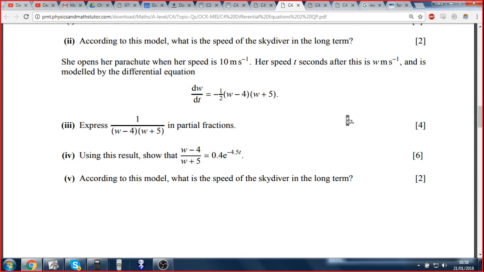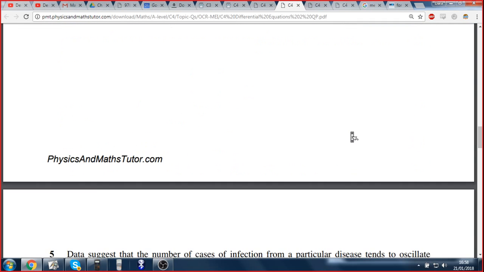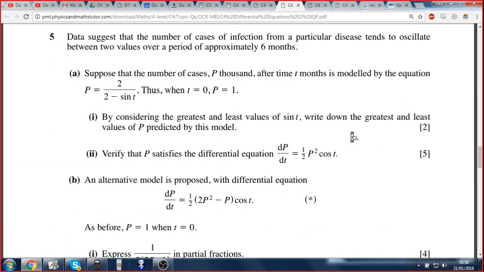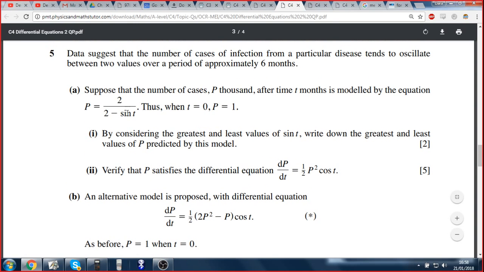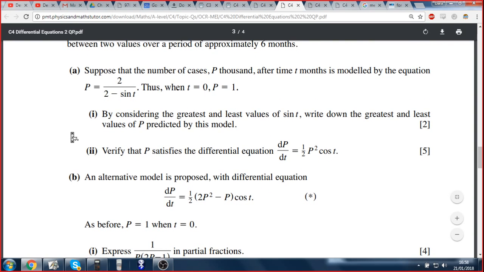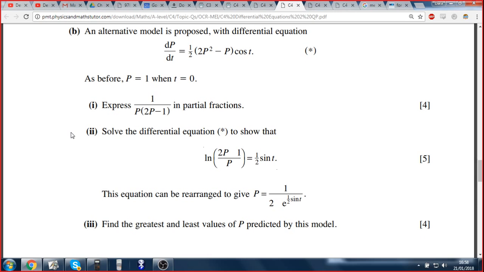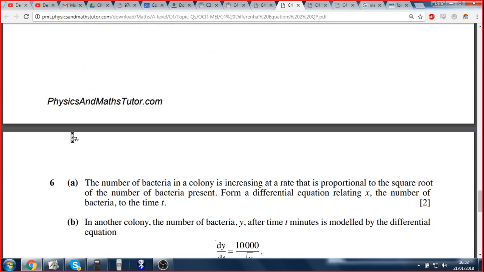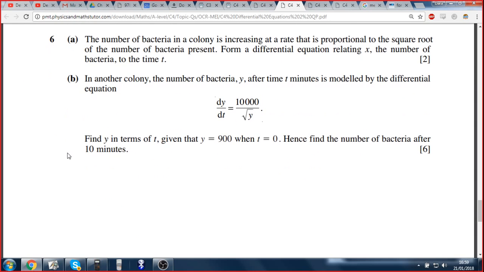A parachutist's speed is modelled by this. Express this in partial fractions, so they're using partial fractions. Use this result. Yeah, so they're very similar to what we were doing. Sometimes they involve trig, so it involves integrating trig, but it's the same idea by the looks of all of them. Yeah. So I think it's okay there. So this is just going to take practice for all of these.